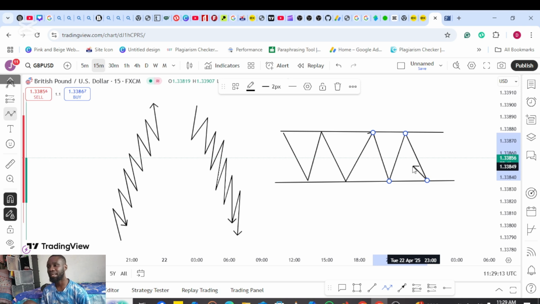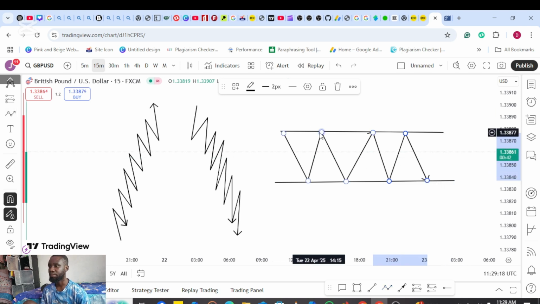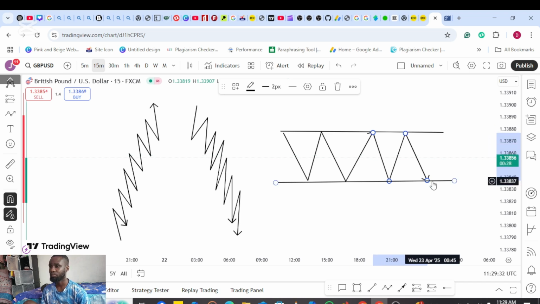You could see the market cannot break the previous resistance or the previous support. It cannot break this one, it cannot break this one, it cannot break this one.